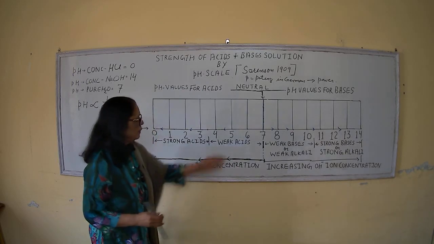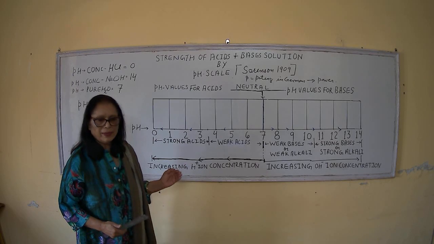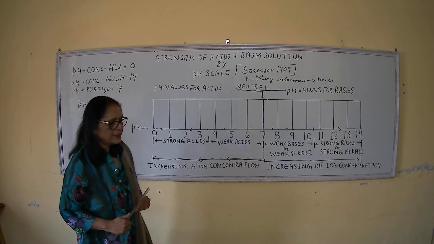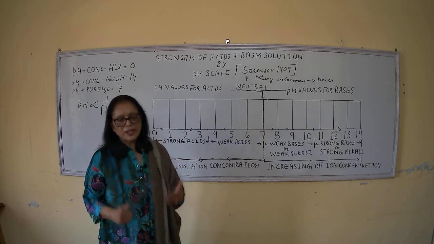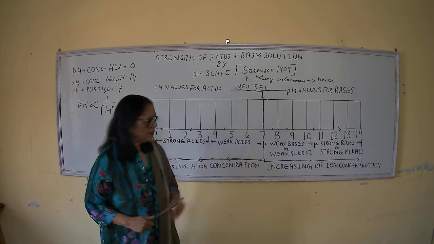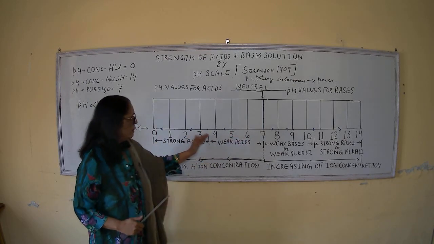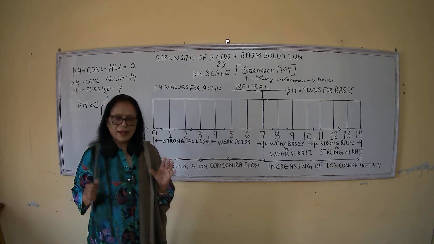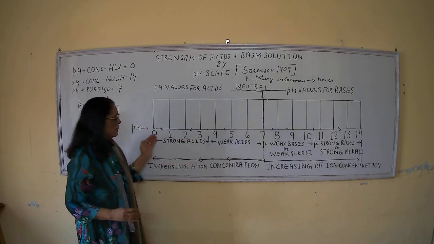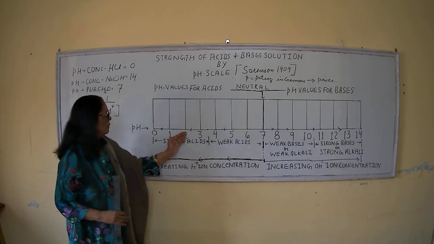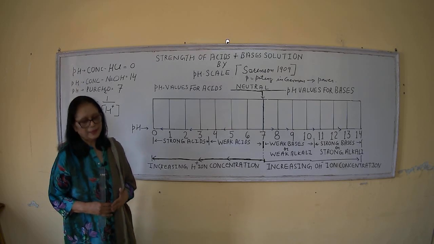On the other hand, if the pH value is less than 7, the acidity or strength of an acid increases. If it is 6, 5, 4, even 3.5, they are acids, but they are weak acids. But if you decrease the pH value like 3, 2, 1 and 0, the strength of an acid increases.